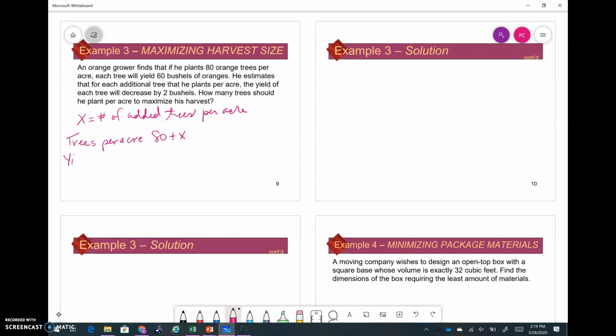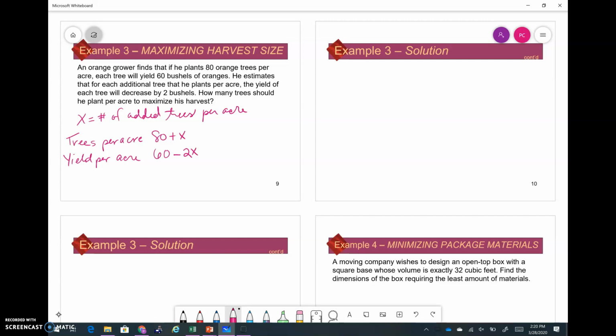But he also knows the yield per tree starts at 60 and will decrease 2 bushels per added tree. Okay?